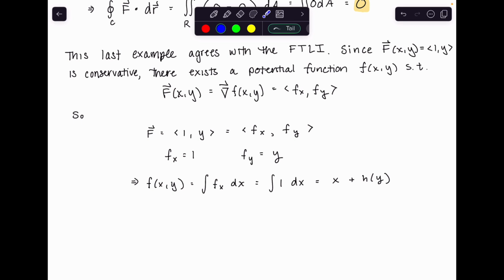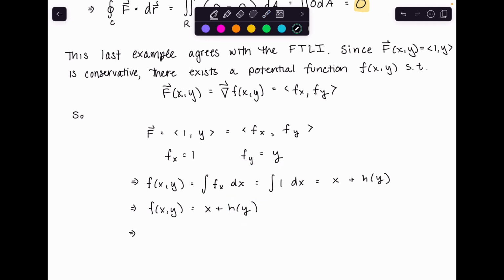Because reversing the process, if I differentiate this with respect to x, that gives me 1. This piece gives me 0. So I end up with still the same piece here. Okay. So currently, as my function stands, it's x plus h of y. Okay. So what I want to do is I've utilized this first piece. Now I need to utilize this other partial to try to figure out this function.